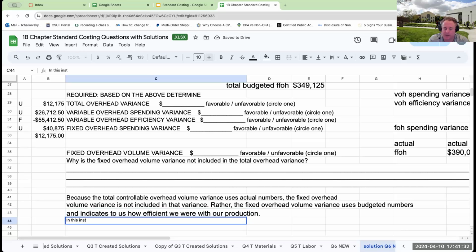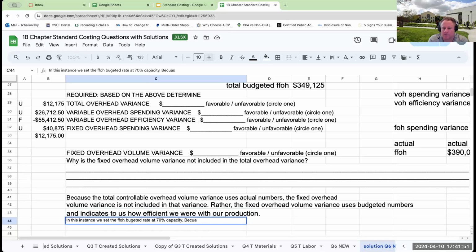In this instance, we set the fixed factory overhead rate at a 70% capacity.